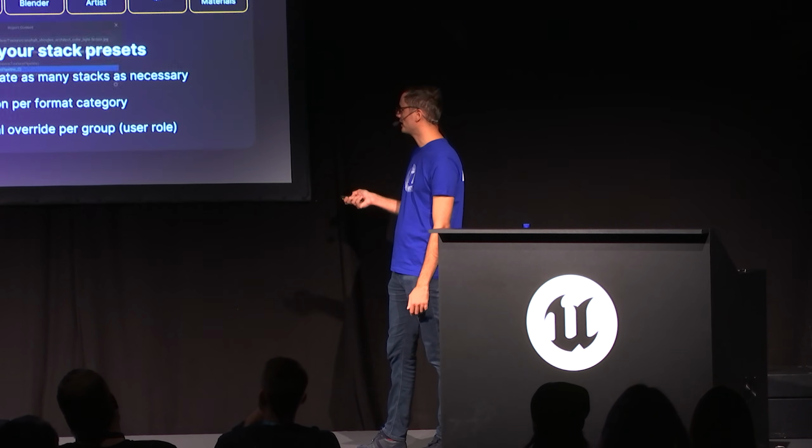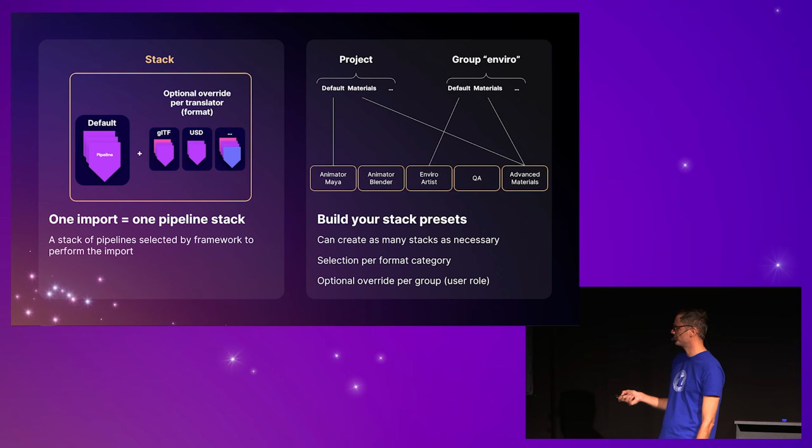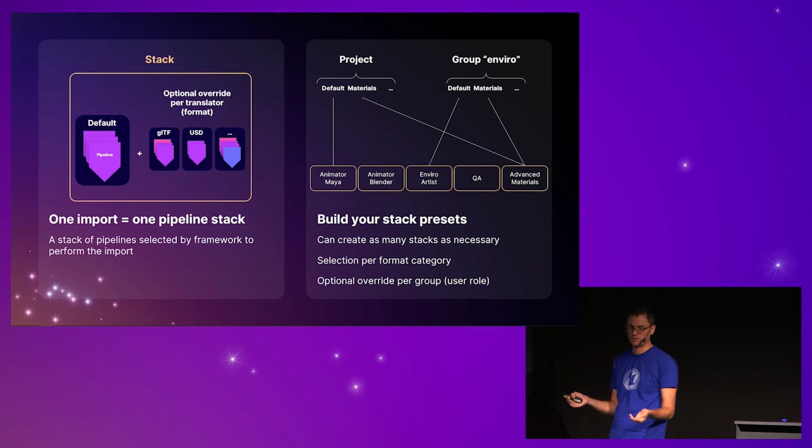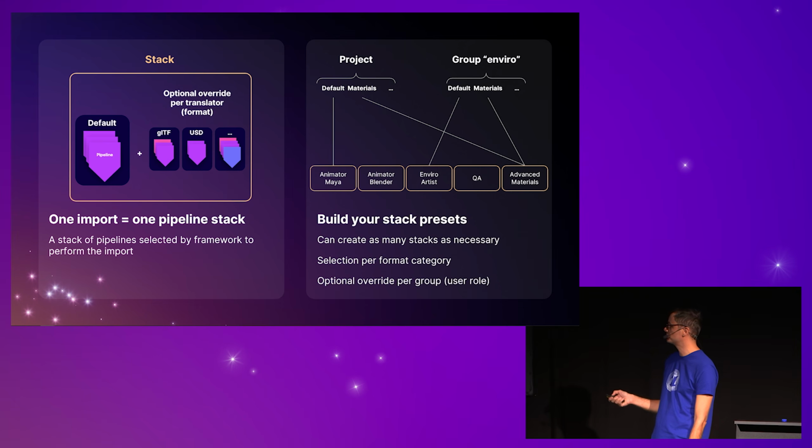And one thing we have added in 5.7 or 5.6, I'm not sure, is a group option, so you can specify which one you want to use depending on a group that's just a string, so it's just a name. So you could, for example, specify an animator group, an environment group, and then you can specify myself as a user, I belong to the animator group. Because I'm in the animator group, by default, I'm going to use the animator stack, so I get the animator presets.